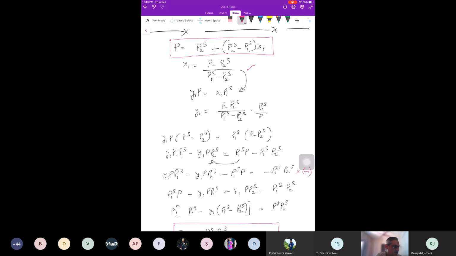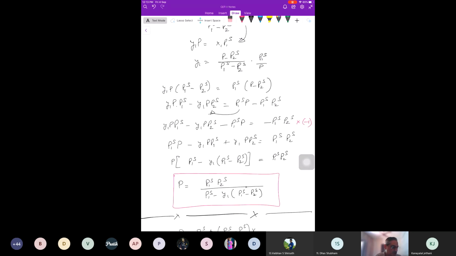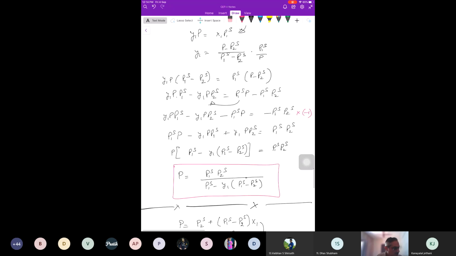So Y1 is equal to, substituting this, P minus P2S upon P1S minus P2S into P1S upon P. Rearrange all this, you get P is equal to P1S into P2S upon P1S minus Y1 into P1S minus P2S. I had done all this rearrangement, I was repeating it actually. So you can use this equation. You know P1S, you know P2S, you know Y1, so you can calculate P. Okay?